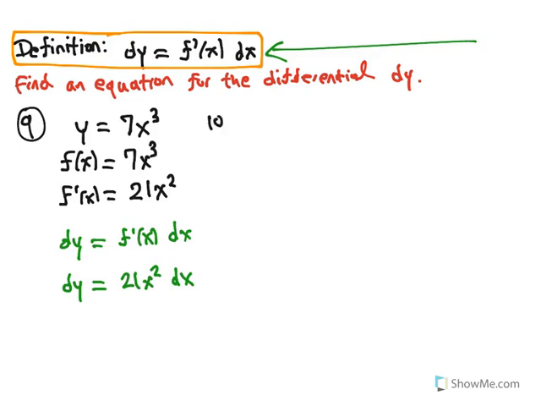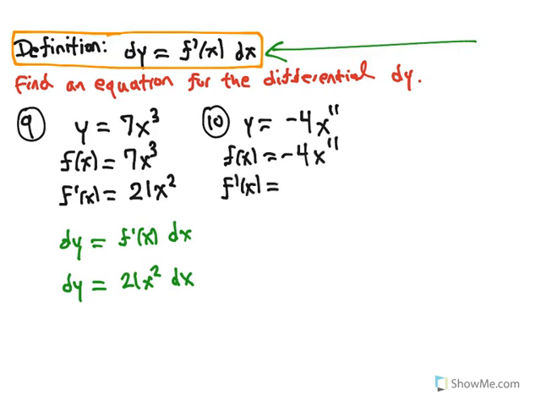Let's take a look at number 10 and number 11. So for number 10, we have y is equal to negative 4x to the 11th. You can write that as f of x is equal to negative 4x to the 11th. You can easily find f prime of x by using the power rule.